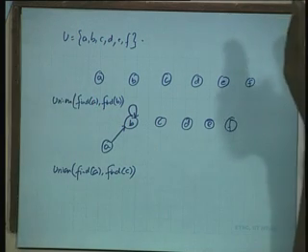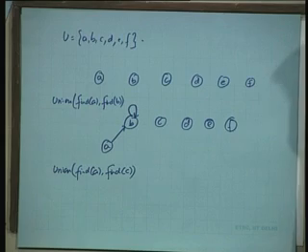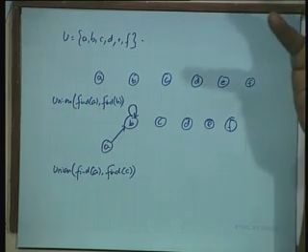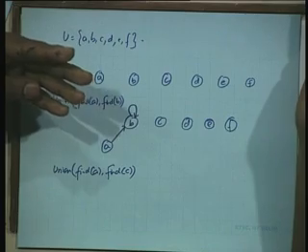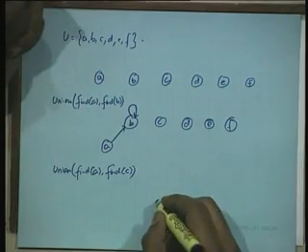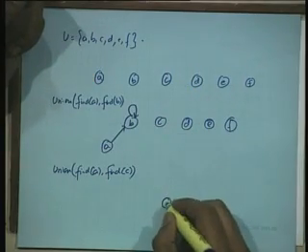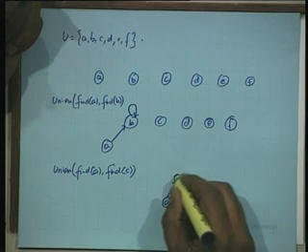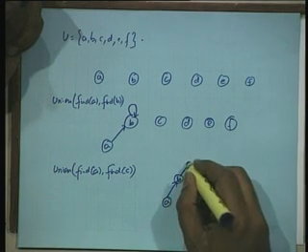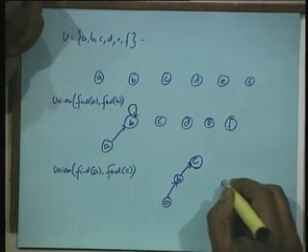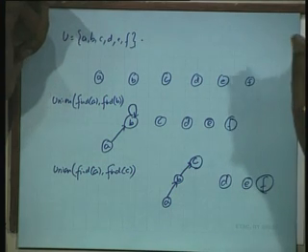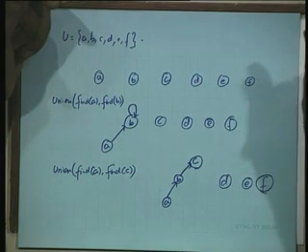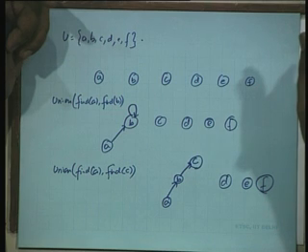What union does is it takes the root of these two trees and links them up, makes one point to the other. For instance, here I might decide to make B point to C, in which case my new representation would look like this.